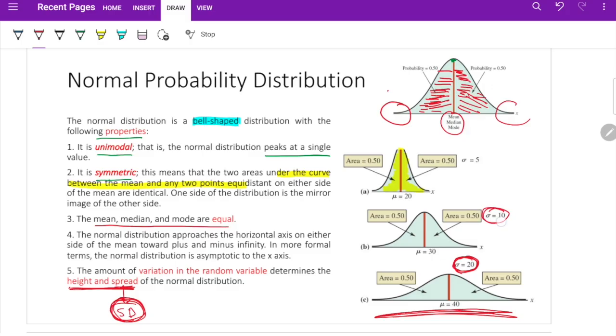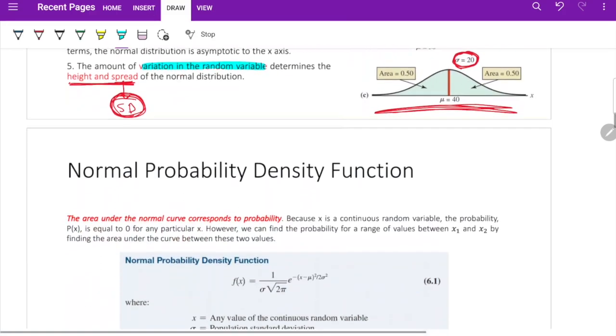When the standard deviation is low, then your data is scattered around the mean. So the standard deviation of the random variable tells you the height and the spread of the normal distribution.